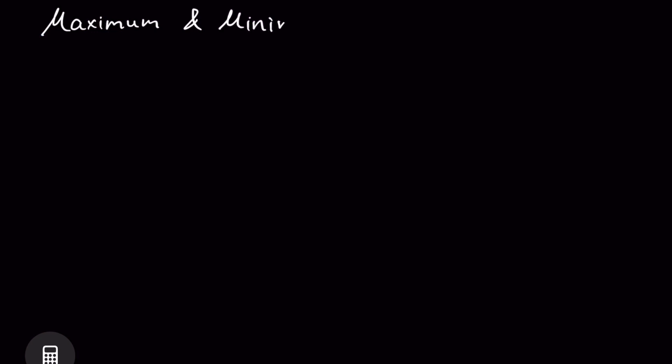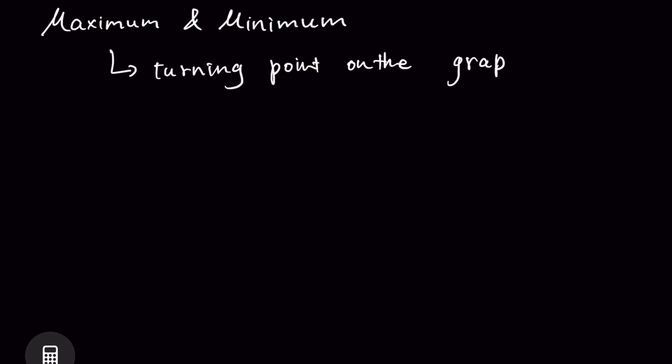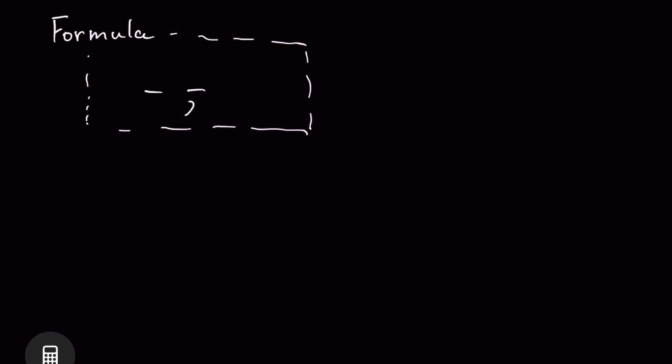So finally, we are going to explain about maximum and minimum. This is basically about turning points on the graph. And there's a formula to find turning points, which is minus b over 2a.